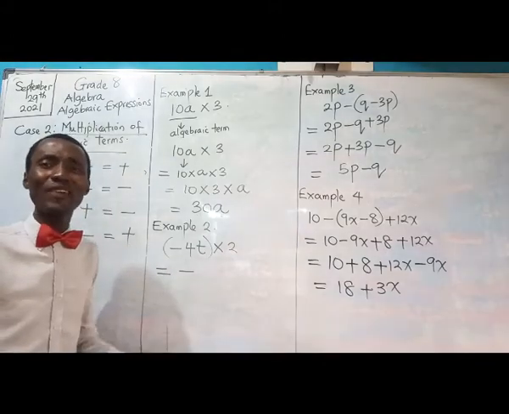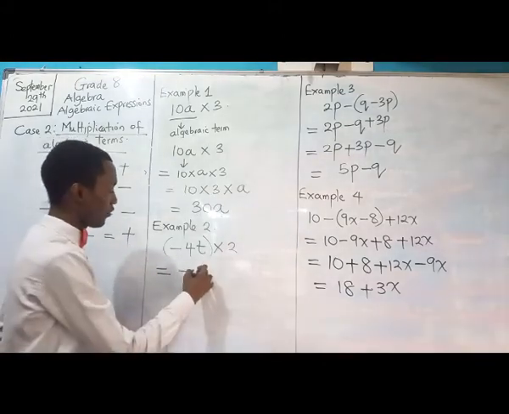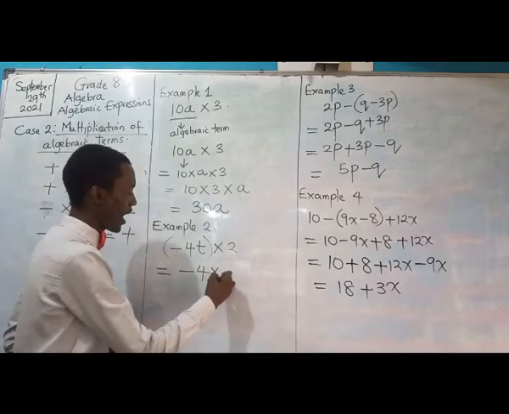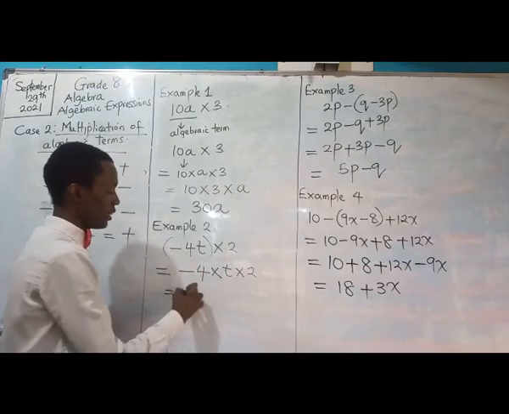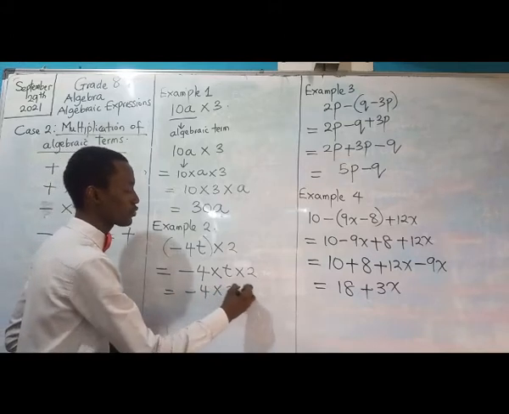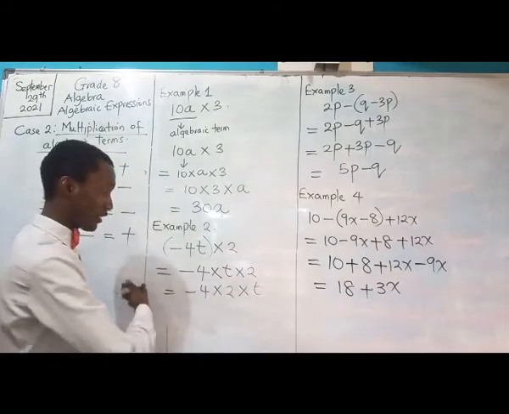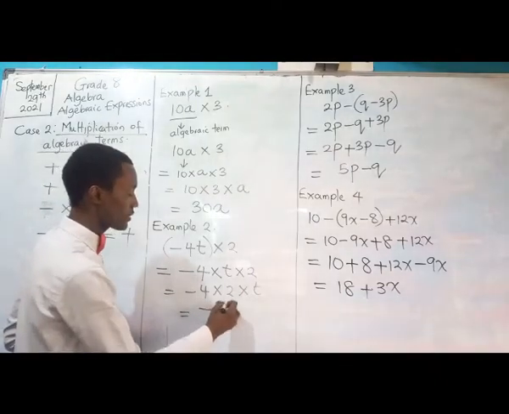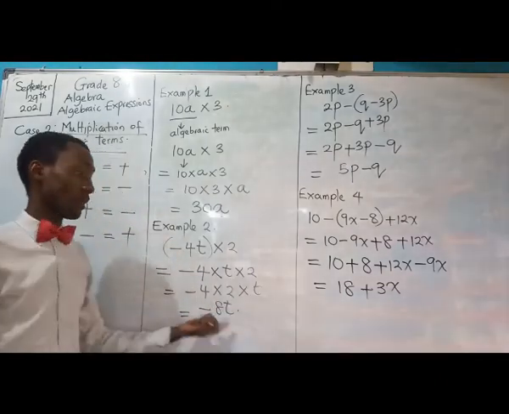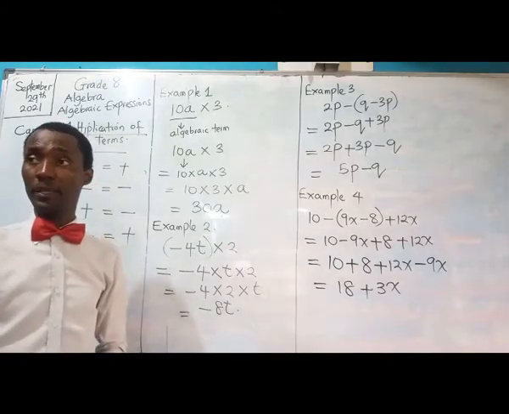And based on that negative, I start to rearrange. 4 times t times 2. Negative 4 times 2 times t. I treat everything at once. I'm going to get negative 8t. And that solves that problem.